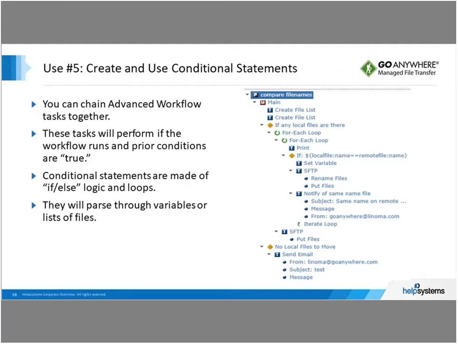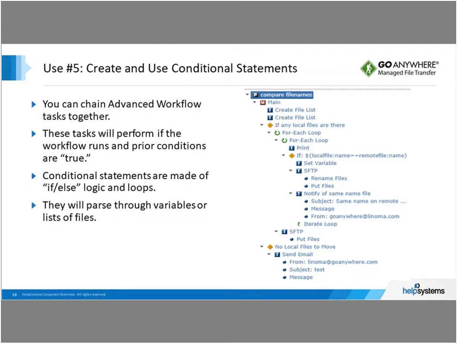So it's going to parse through each individual file list to see if the local file list, and again, this is going to be a colon name, which is an attribute of the actual variable, equals the remote file. So in this case, this customer wanted to compare the local file system to the remote file system. If there is an actual file that was already there, they wanted to rename it in a certain format and then do an SFTP put.